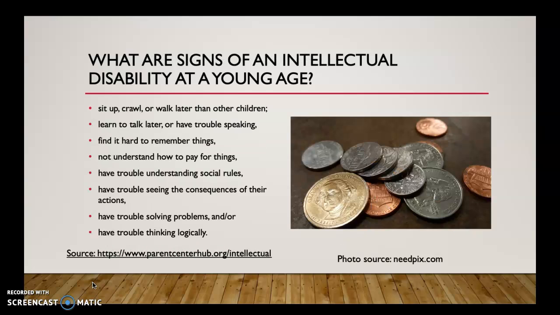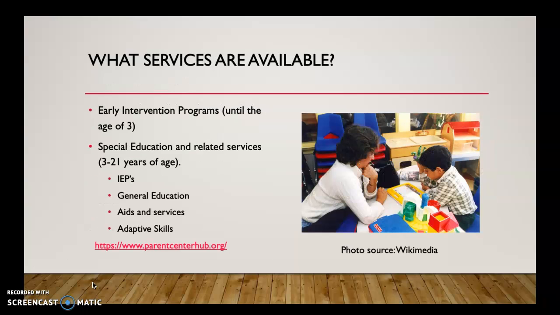If you do determine that your child, for example, has an intellectual disability, you may be wondering what services are available to them, how they will be helped, and how you can best help your child. Part of that is understanding what services are available. It's important to realize that you can receive help very early on when a child has intellectual disabilities.